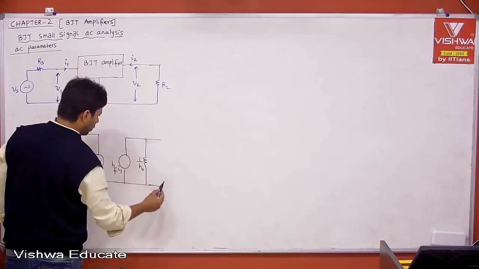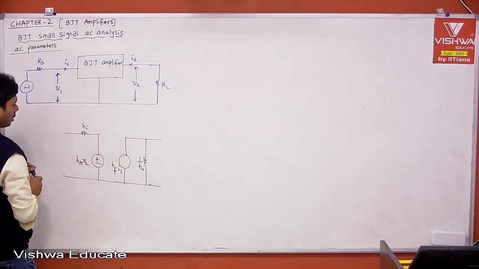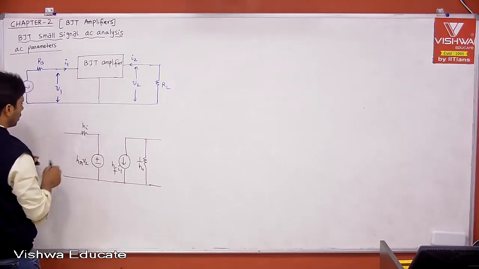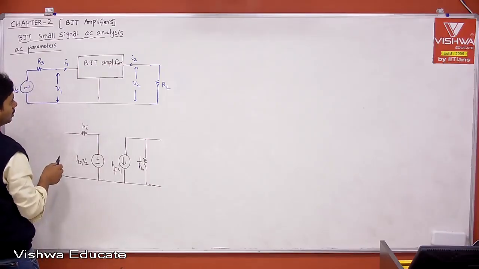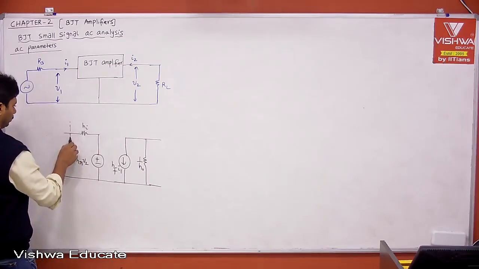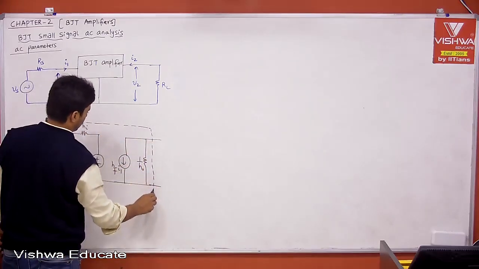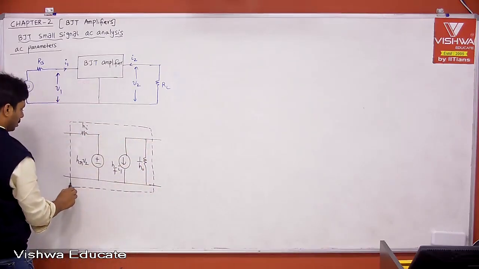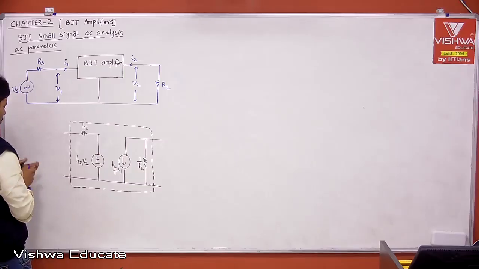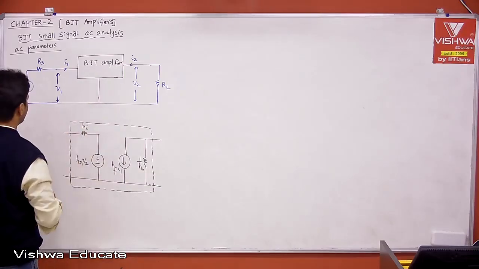Therefore, this is the BJT. This is the black box. Now you can make it ground, anything is fine.